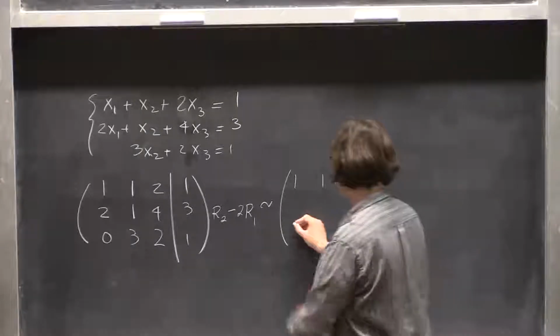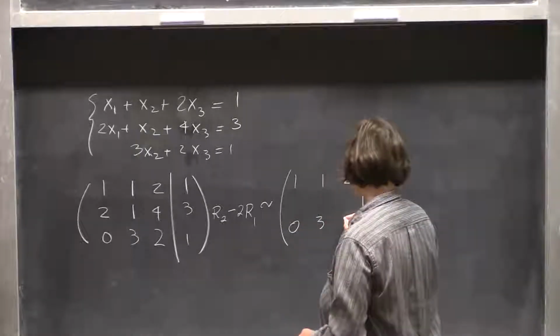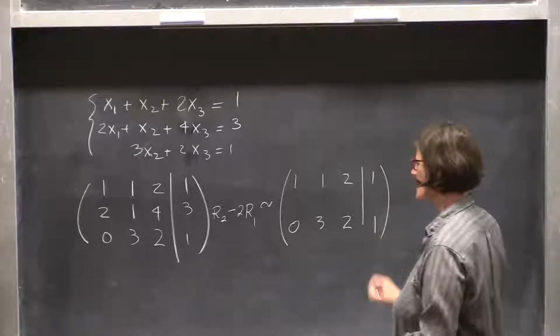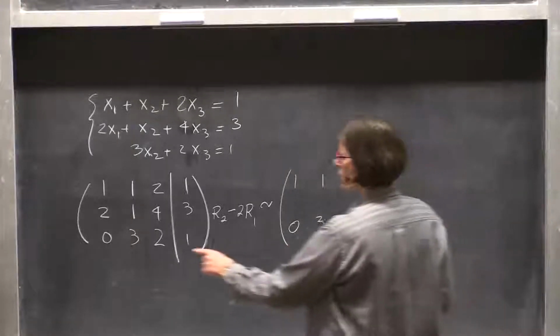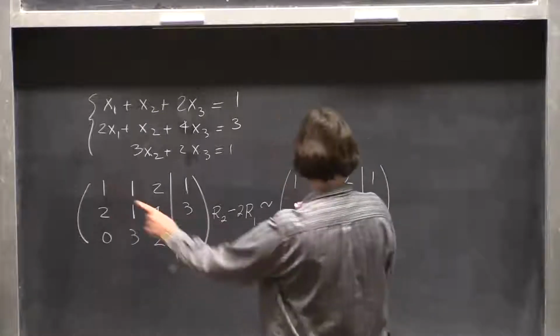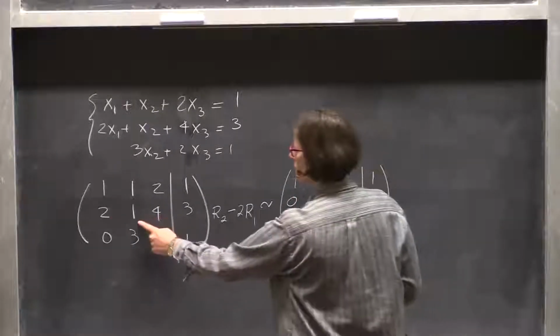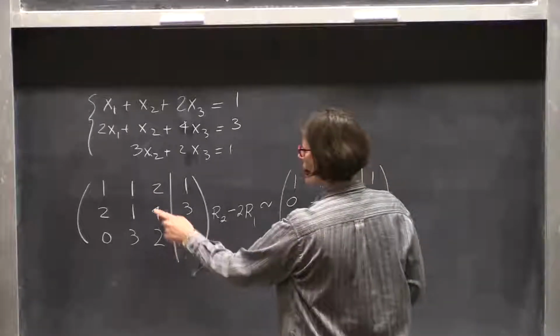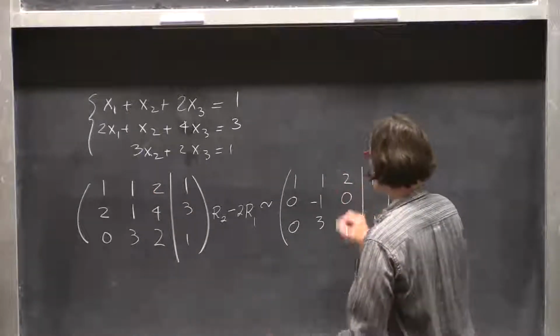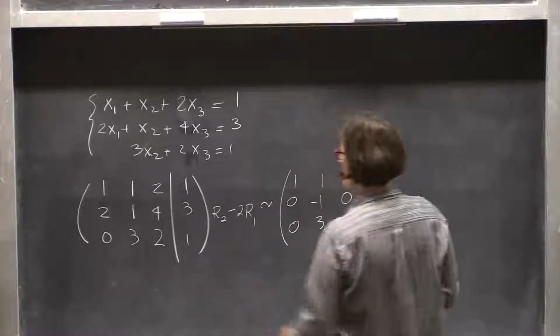The moment I start trying to do arithmetic, I start making mistakes. I don't want to make any mistakes yet. Okay, row 2 minus 2 row 1. 2 minus 2 of that is 0. 1 minus 2 of that is minus 1. 4 minus 2 of that is 0. 3 minus 2 of that is 1.